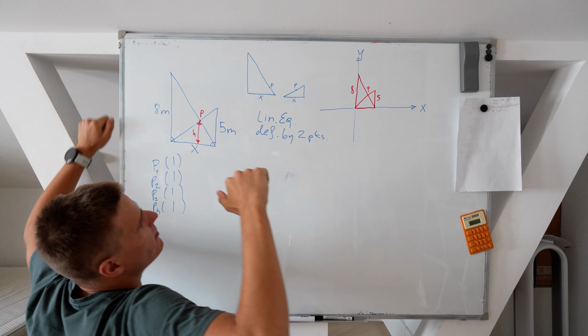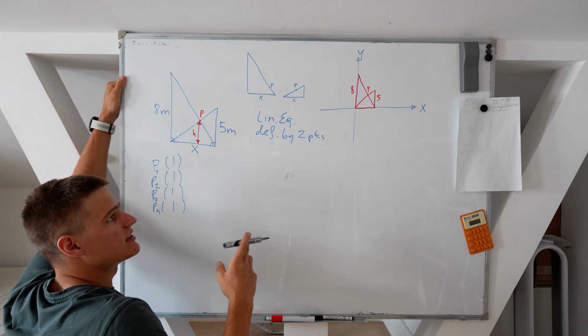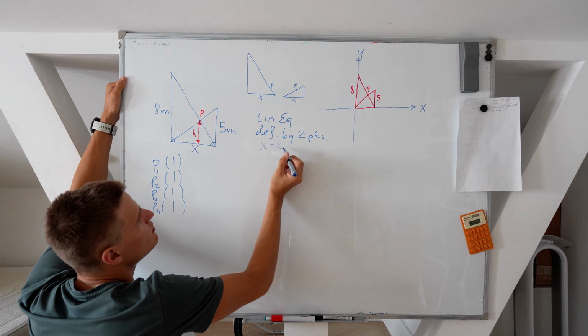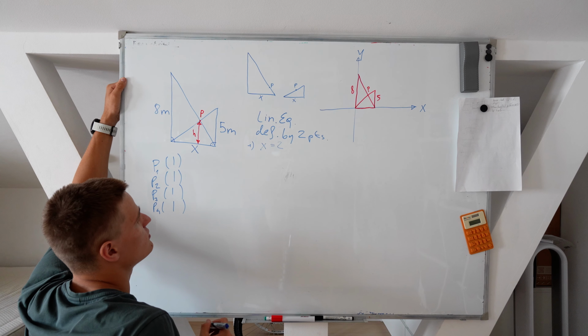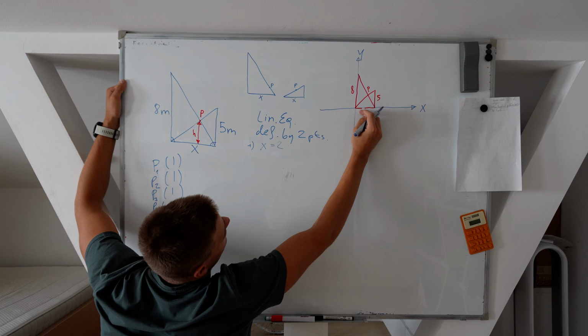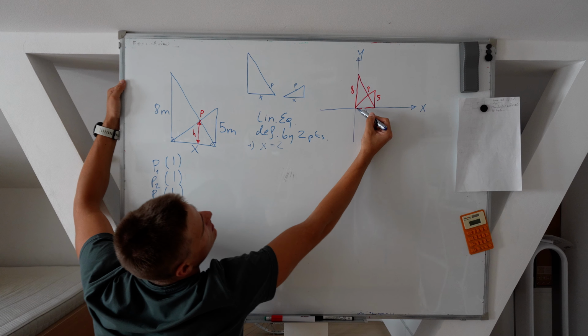And as I said already, we can maybe prove that it doesn't matter how long x is. So for this first case, let's assume that x is equal to 2. So this length is 2, and you have here a point at 0, 0.